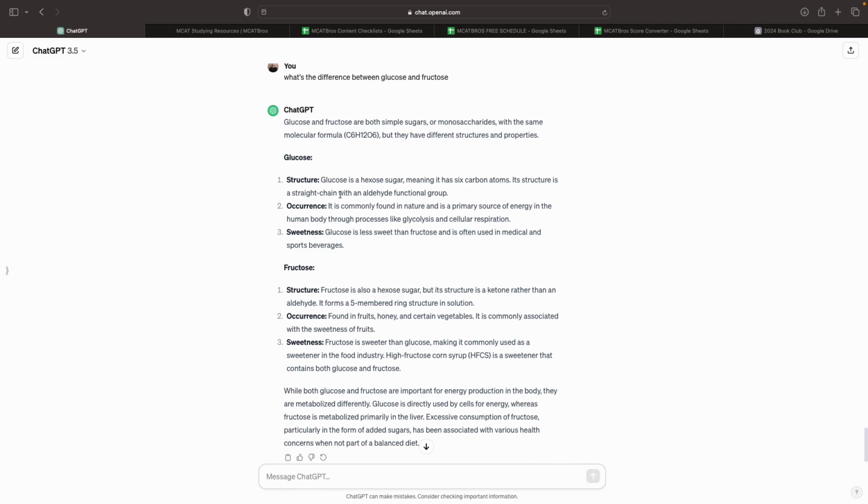The structure of glucose is a straight chain with an aldehyde functional group, but fructose is a ketone rather than an aldehyde.